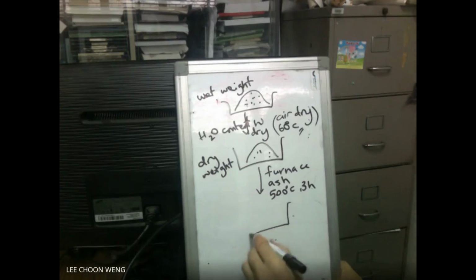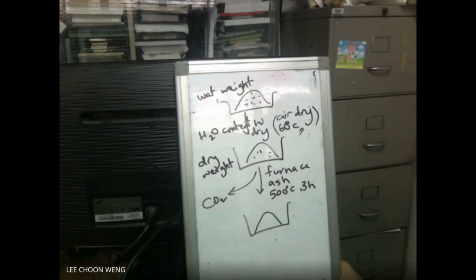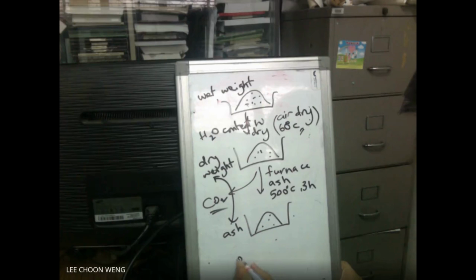What happens here is all the organic matter will be combusted into CO2. So there will be a weight loss here, and this is your ash. So the difference between your dry weight and your ash is your organic matter. Okay. Do you all understand this flow?